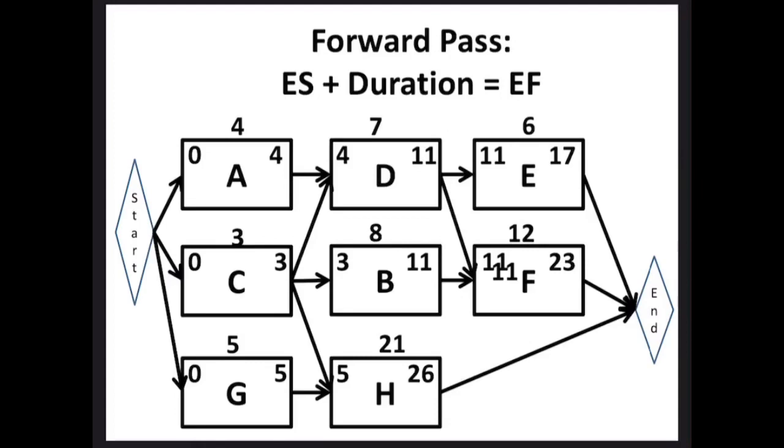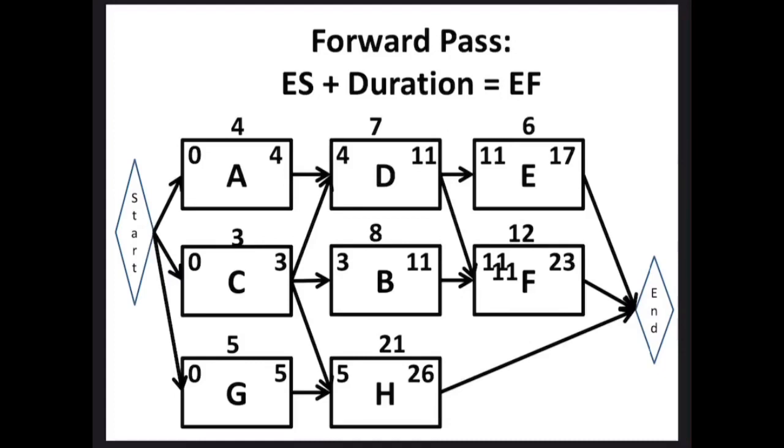So let's do activity A. We're always doing forward pass for the entire network diagram first, the top half of each activity. 0 plus 4 equals 4. So early start of 0 plus the duration will give us the early finish, and that's 4. We then go down to C as in Charlie.